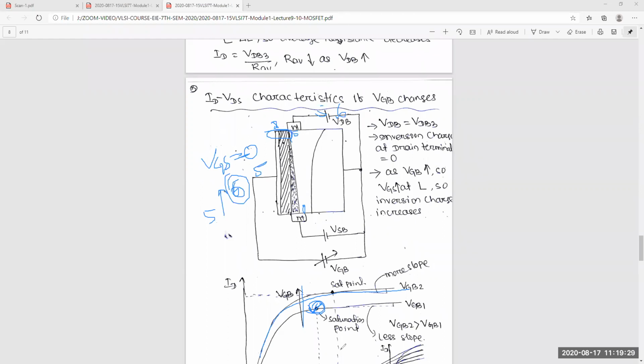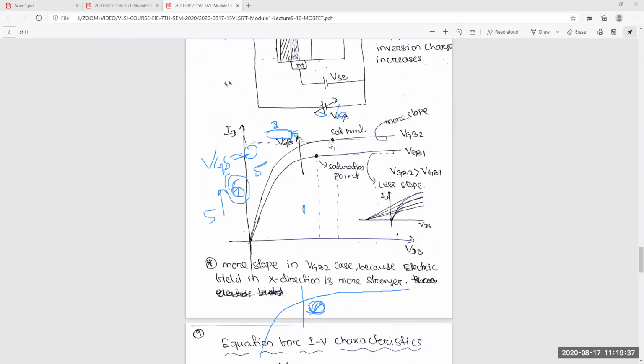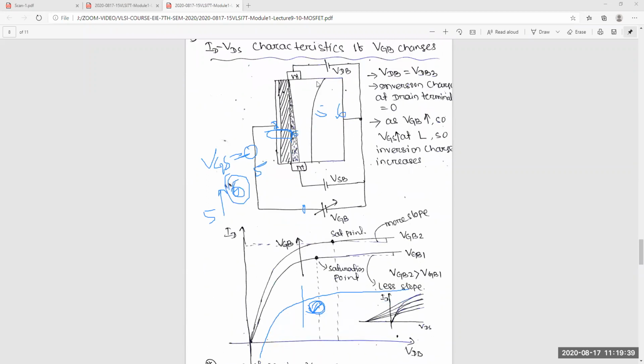So now you can see, to get that threshold point, you have to increase VDB. In the previous case, when VGB was 1, meaning 5 voltage, it was the normal threshold point.